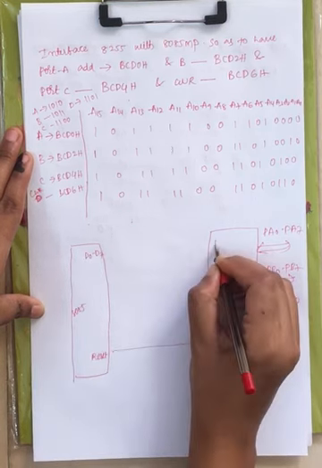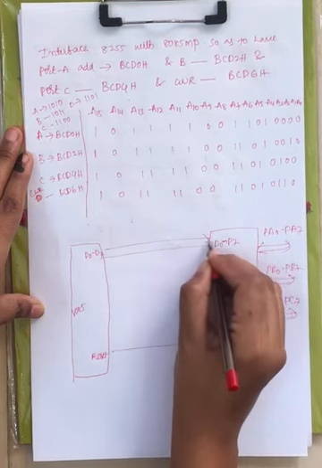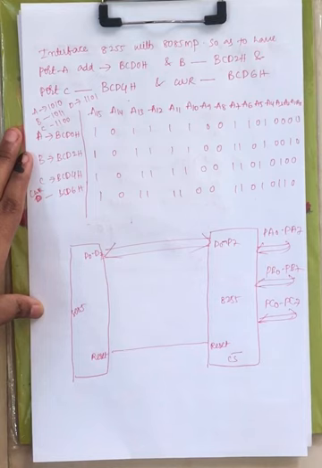D0 to D7 of 8086 are connected to D0 to D7 of 8255. Since these are bidirectional, I am representing it here.